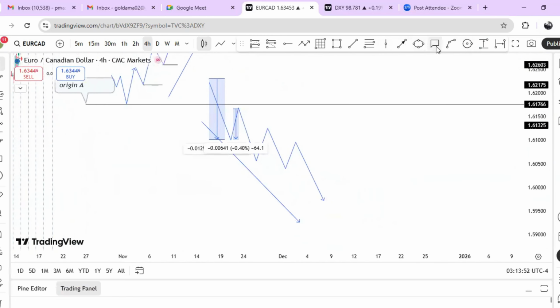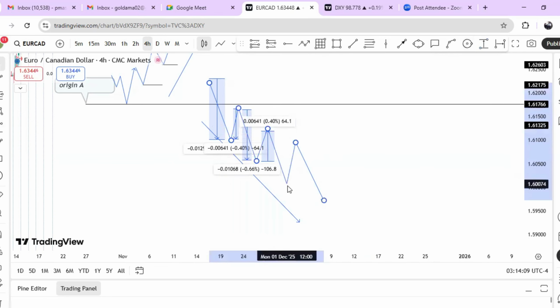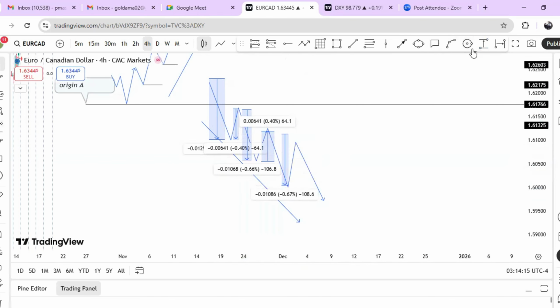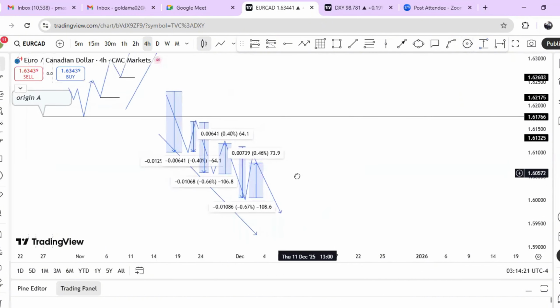Then check the next correction again. How many pips do we have there? The impulsive push here again gives us a good 100 pips. The correction, how many pips? 60. Then you have the next impulsive sell again, close to 100 pips. This is just for assumption's sake. Then check the correction leg, 70.